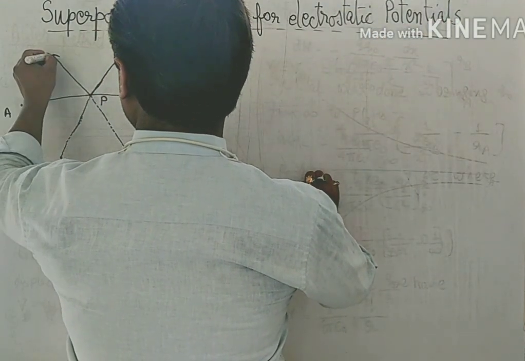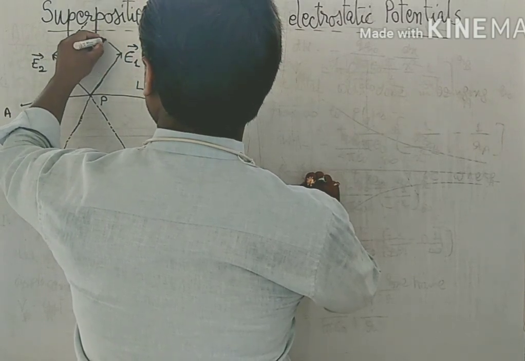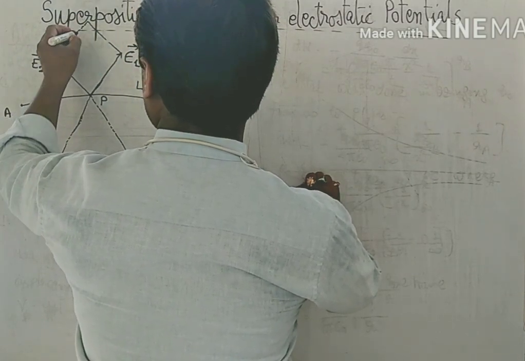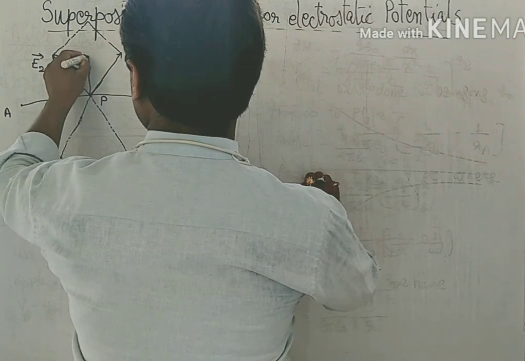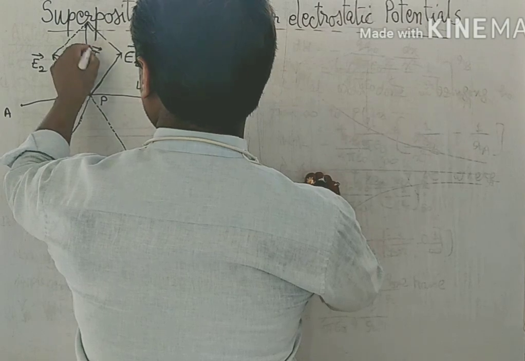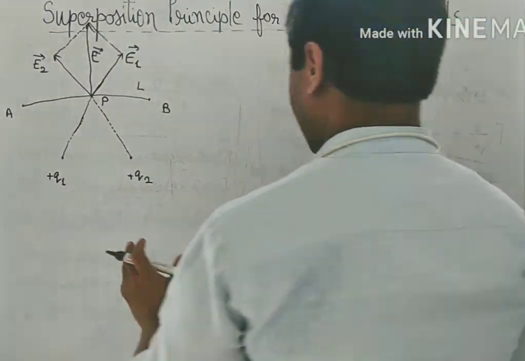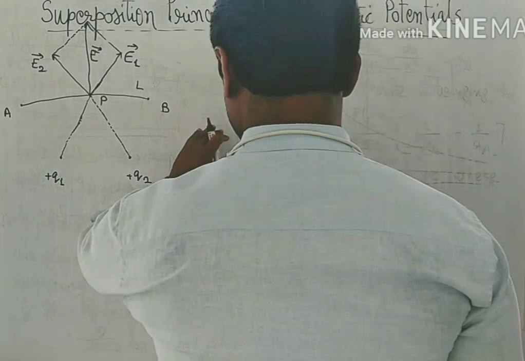Let me first complete this parallelogram so that we can draw the diagonal. Along the diagonal we can have the resultant electric field intensity. Fine with this? Okay, let's move on to the calculation part.